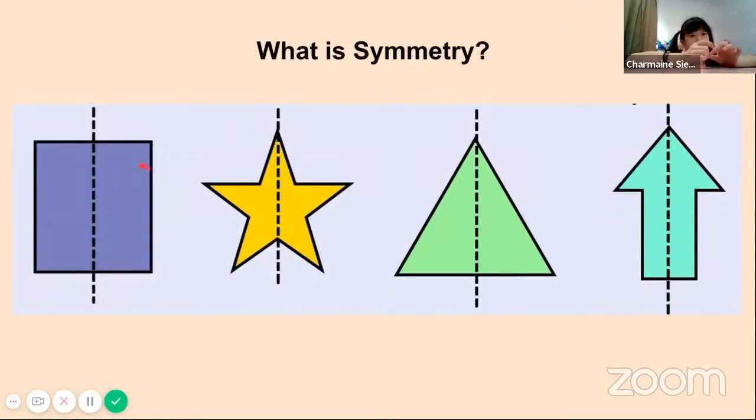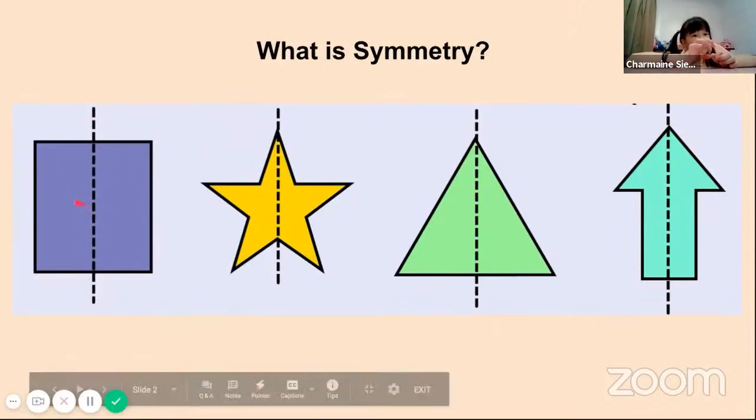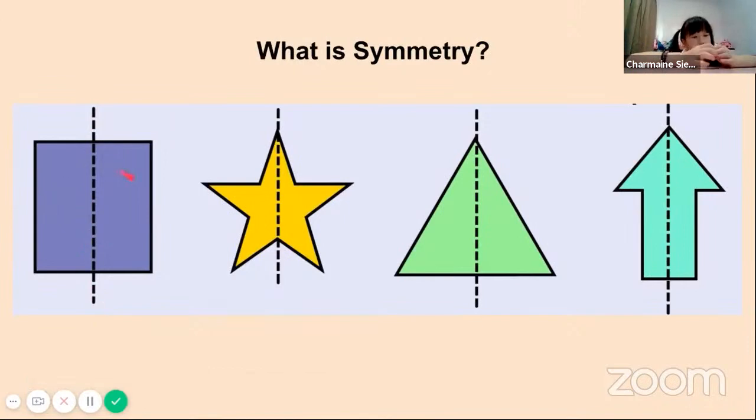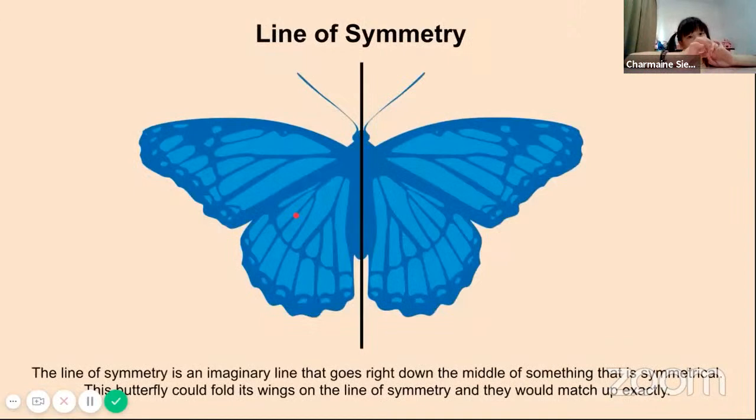So all of these shapes here have a line going right through the middle of them to show that on one side and the other side, it's the same. Now, to help you figure out if something is symmetrical, you add a line of symmetry. So what is a line of symmetry?